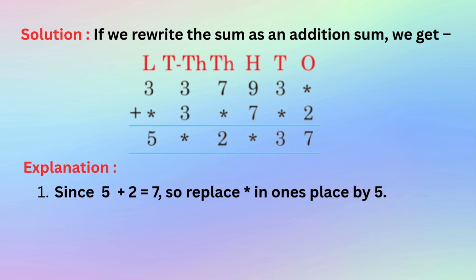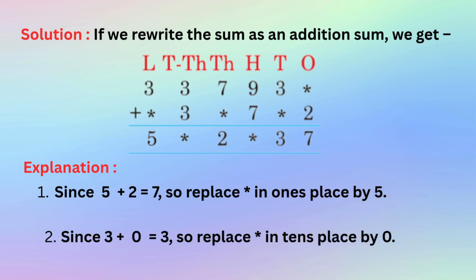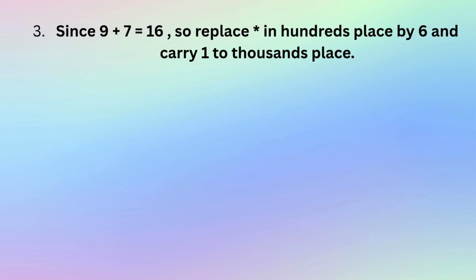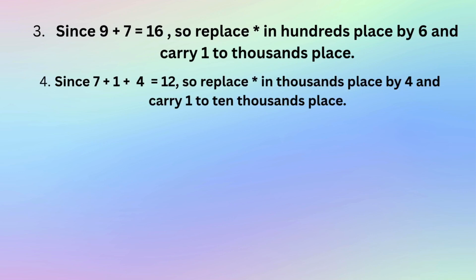Explanation. 1. Since 5 plus 2 equals 7, so replace asterisk in ones place by 5. 2. Since 3 plus 0 equals 3, so replace asterisk in tens place by 0. 3. Since 9 plus 7 equals 16, so replace asterisk in hundreds place by 6 and carry 1 to thousands place. 4.